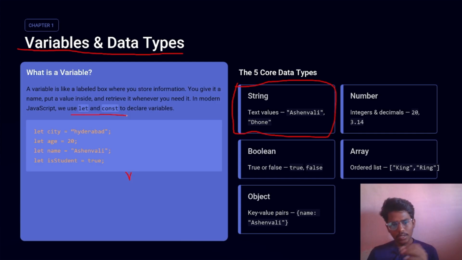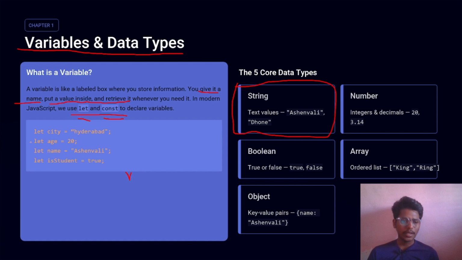Simply, let or const means it will create a variable.